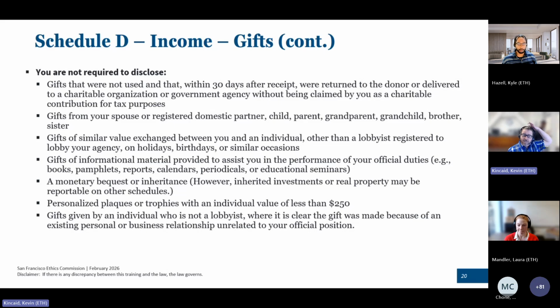A monetary bequest or inheritance is not required to be disclosed. However, inherited investments or real property may be reported on other schedules. So maybe it's not required to be disclosed on Schedule D, but it's possible that it is required to be reported on another schedule within your Form 700.